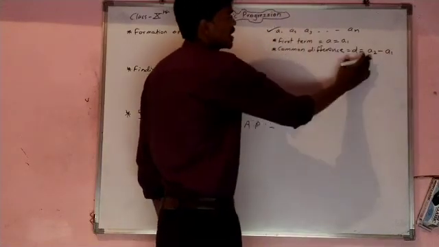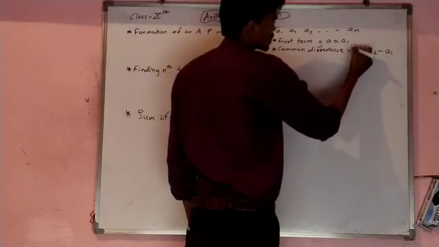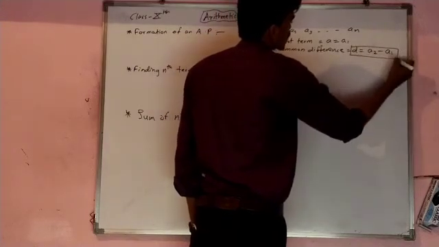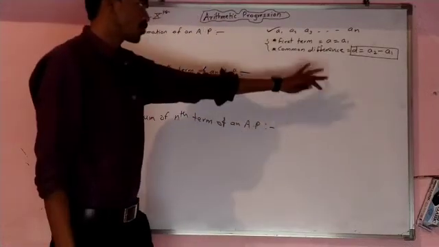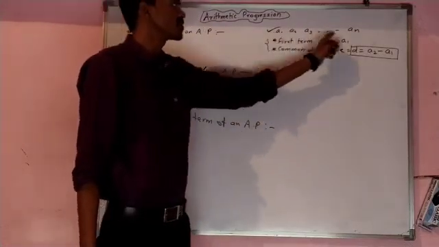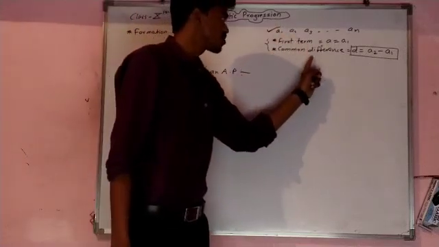Let me consider a2 minus a1 here, so we will get d. By using these two we can form the whole arithmetic progression, that means AP, using the first term and common difference.